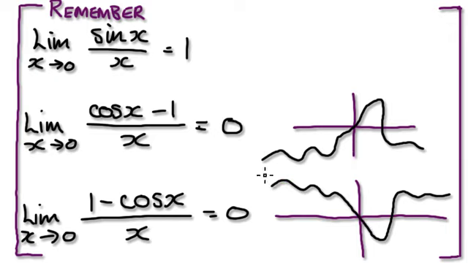So my point is that no matter what function you have, if it heads towards the origin, then the negative version of this function will also have a limit of 0.